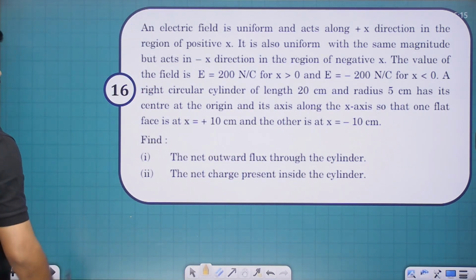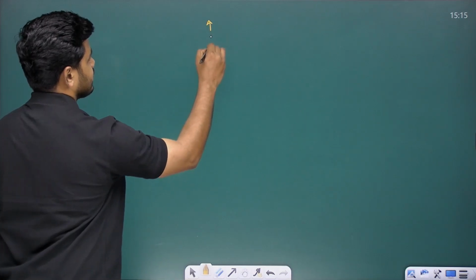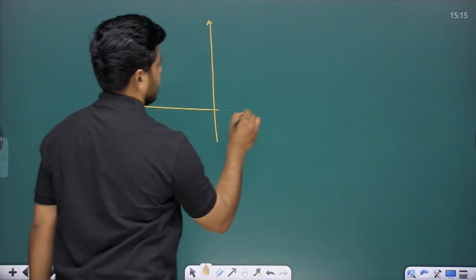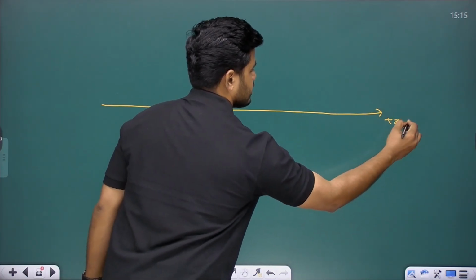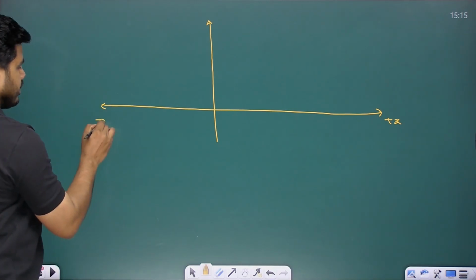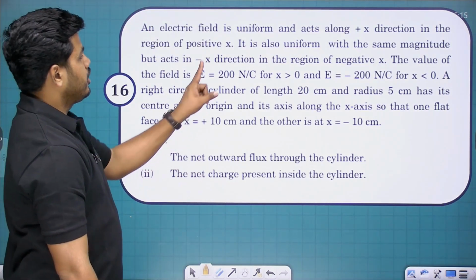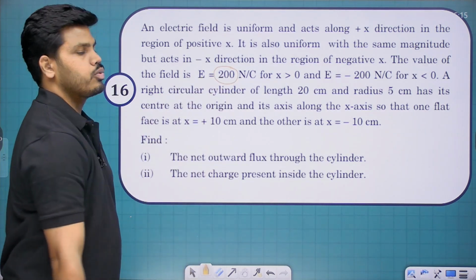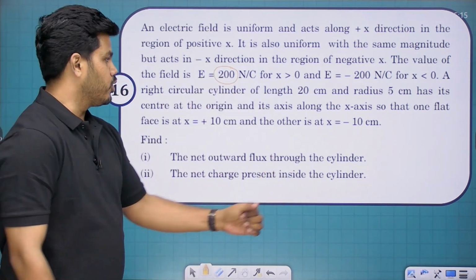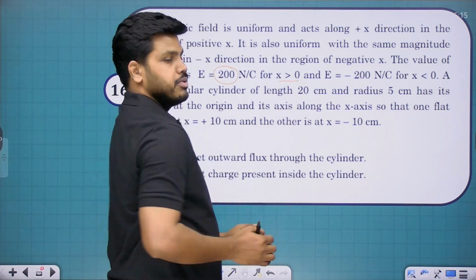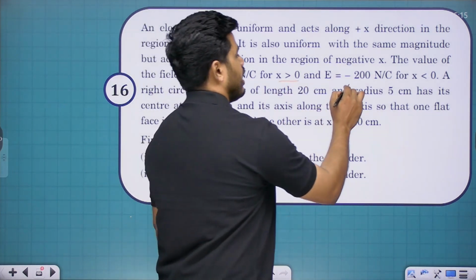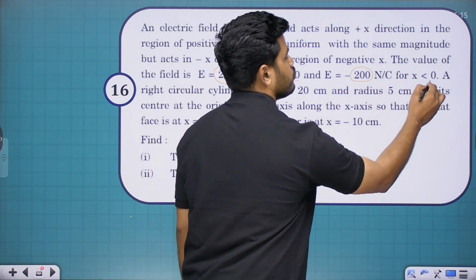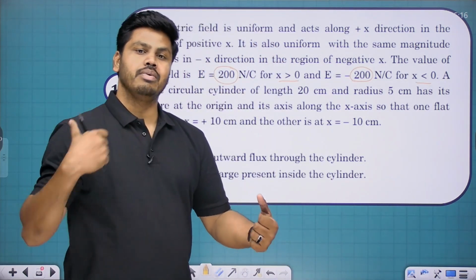See, you are given a region where the electric field is represented along the x-axis. This is the positive x-axis and this is the negative x-axis. Look at the question. You are given the magnitude of the electric field: 200 newton per coulomb for x greater than 0, which means the positive x-axis, and negative 200 for x less than 0, that is on the negative x-axis.